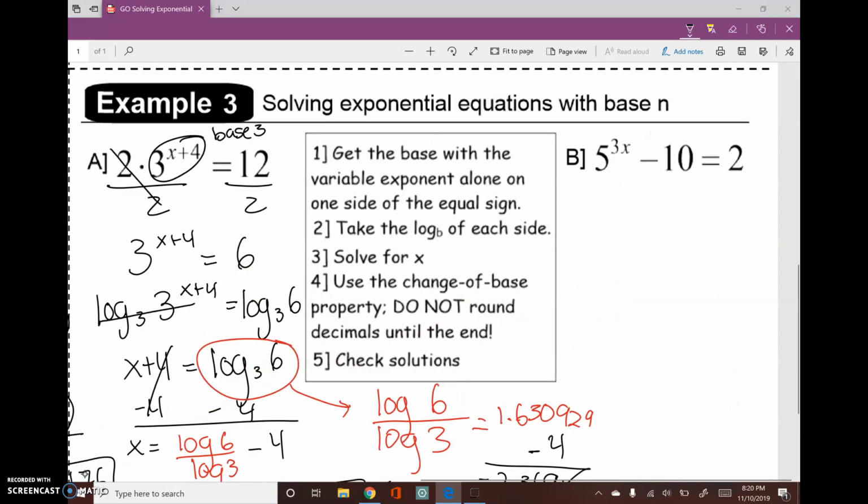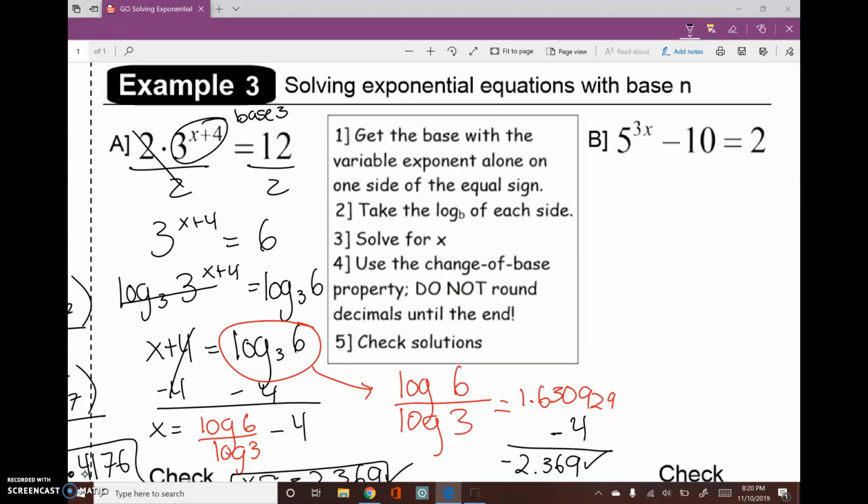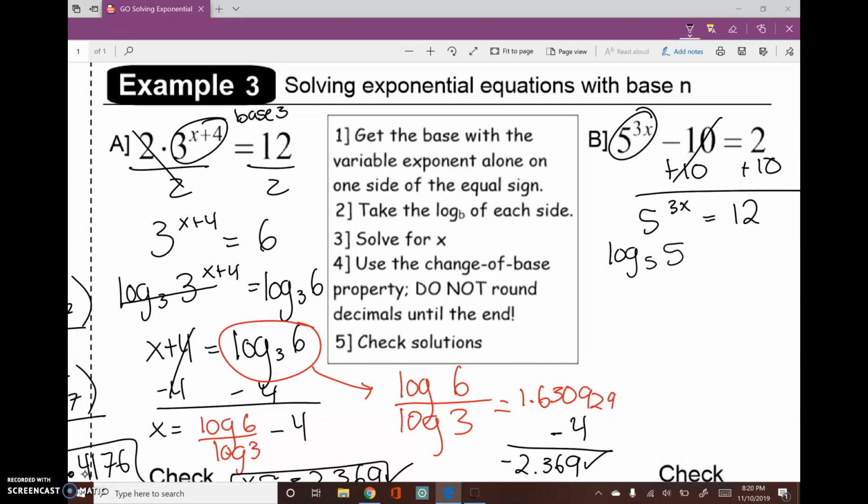So we go to B. Again, my base is 5. That means I need to get rid of the 10. That's 12. So then we're going to do log base 5 of both sides. These cancel. I'm going to do the change of base. So 12 and then 5.